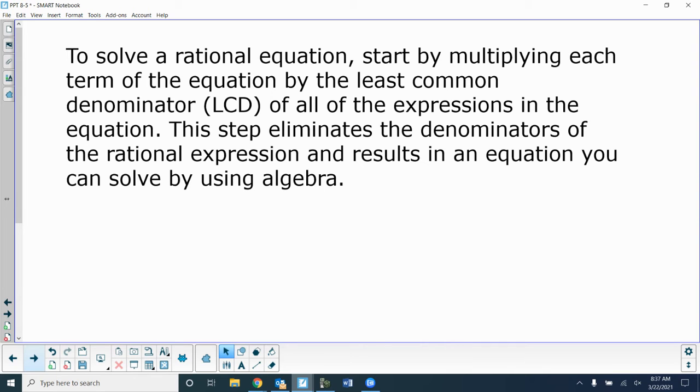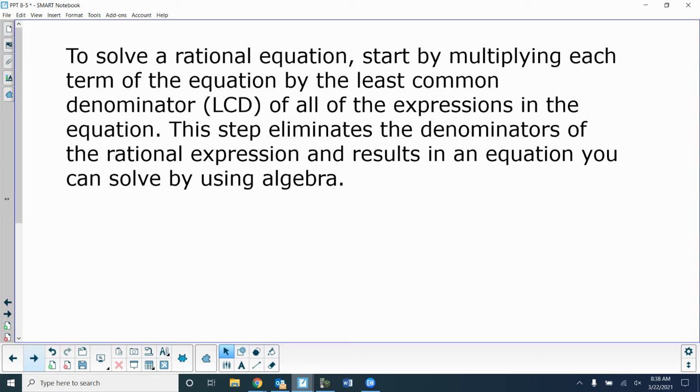To solve a rational equation, start by multiplying each term of the equation by the least common denominator. We should know how to figure out what the least common denominator is now. We did that to add and subtract rational expressions, right? So we're going to multiply every term in the equation by the least common denominator.